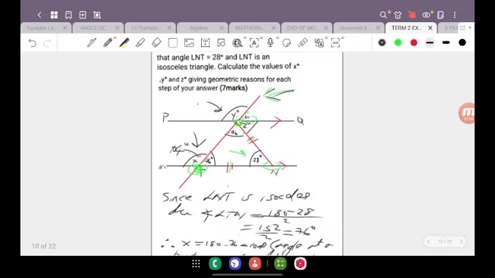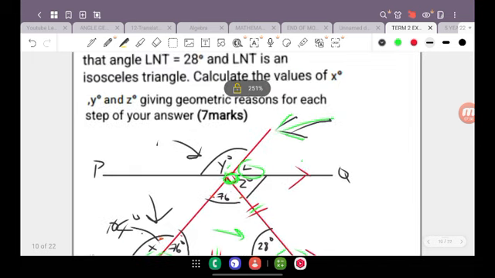So I can go ahead and write here that angle X is equal to angle Y, so angle X degrees is equal to angle Y degrees, which is equal to 104. And a very simple reason for that is that angle X and angle Y are corresponding angles.